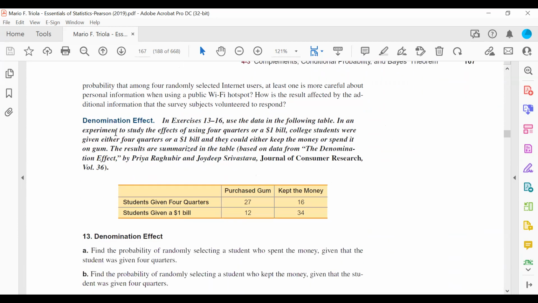Here's the table. They did an experiment comparing what students would do if they were given quarters or cash, and there's the table.